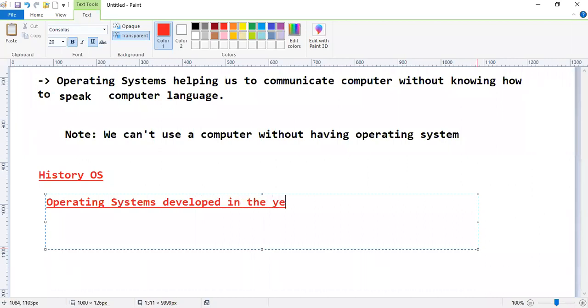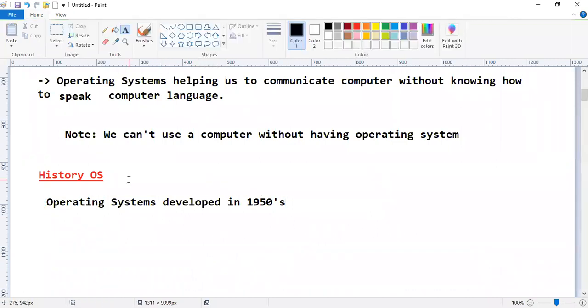In the 1950s. We can say operating systems were developed in the 1950s, almost 70 years back. Yes or no? We are in 2022. Almost 70 years back, this operating system software was developed.